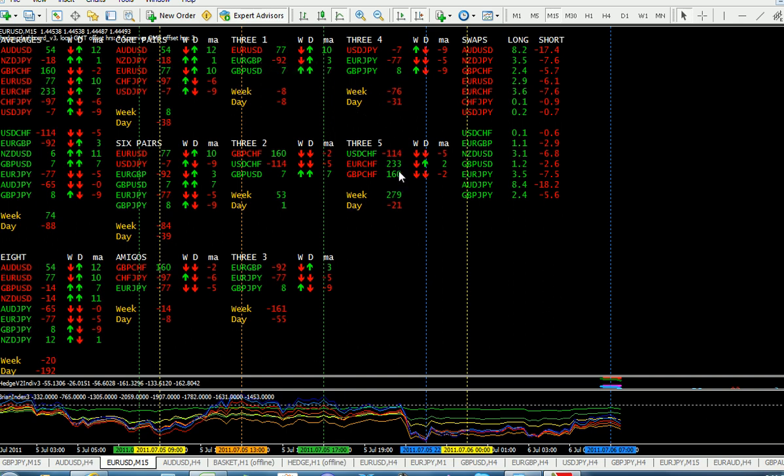Notice in a group there is generally one out of sync with the other. The amigos is a bit of a funny bunch, but the rest of them usually have one or two out of sync. When they all go into sync, one should take profit.